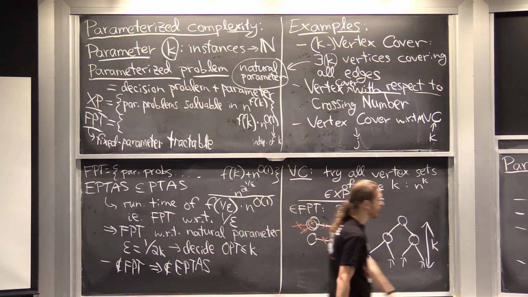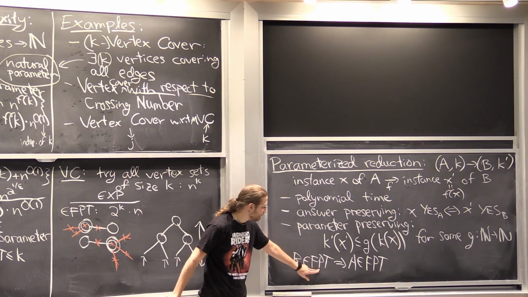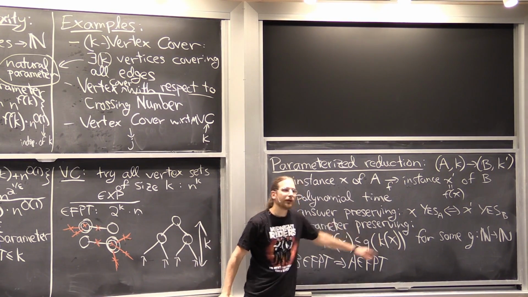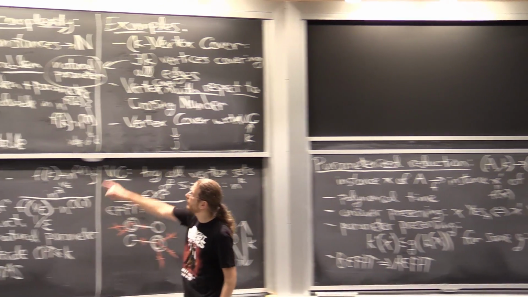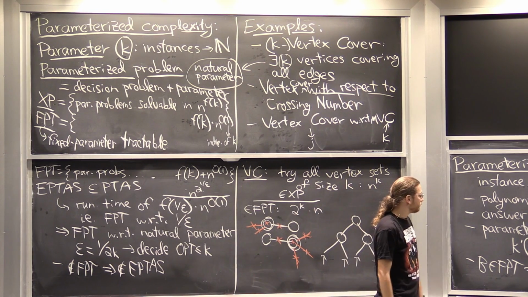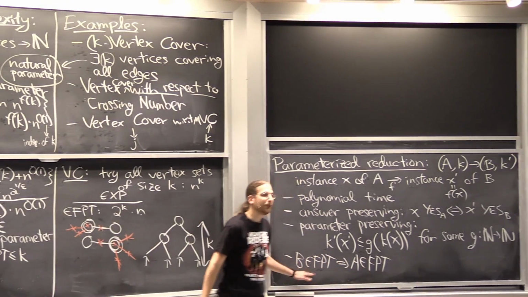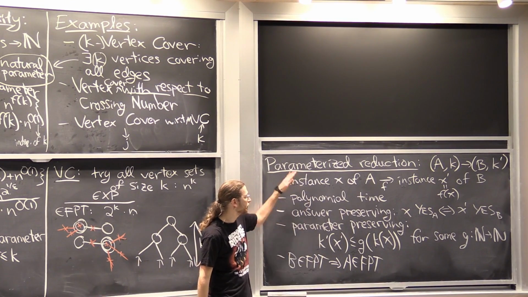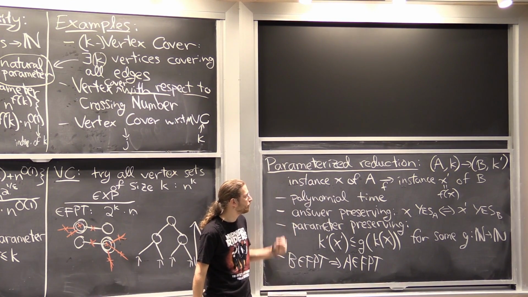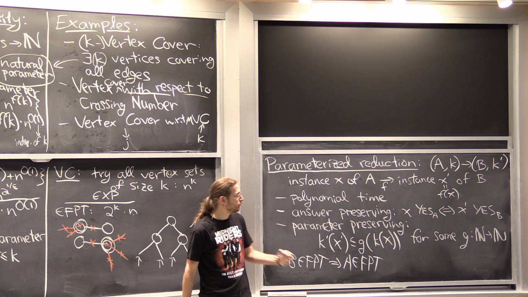There's some f dependence on k in this algorithm, and we take that function of g of k as our new function, and we get a new dependence on k in the running time of our FPT algorithm. So what that means is if we believe A does not have an FPT algorithm, then B does not have one either, if we can do these reductions. Same style: we reduce from a problem we know is hard, A, into a problem that we don't know about, and that proves B is hard as well.